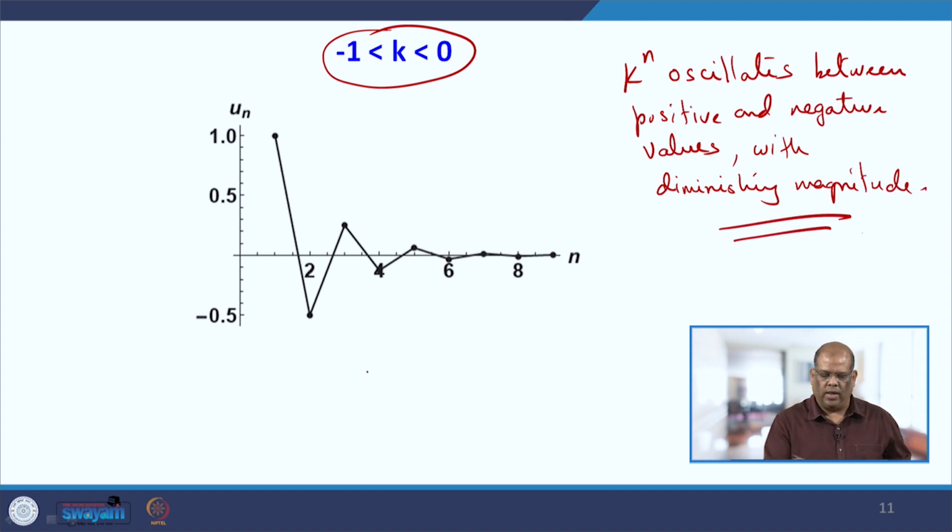As you can see, it starts from some higher value and slowly it goes down like this. If it's a discrete one, I have to join like this, and it goes some sort of damping oscillation.